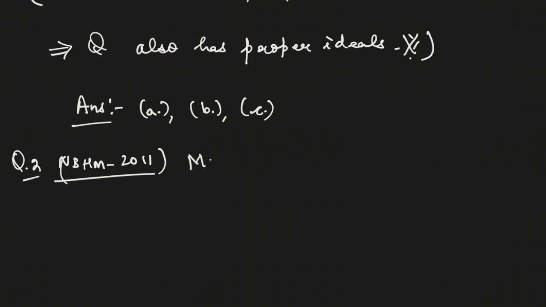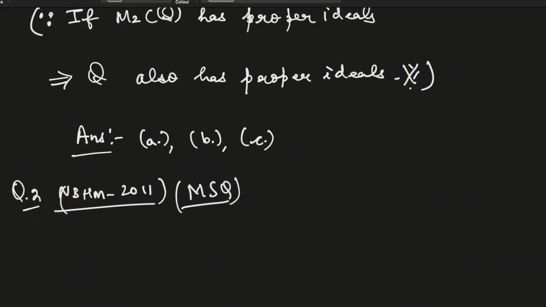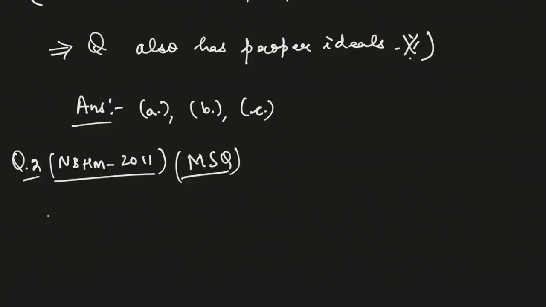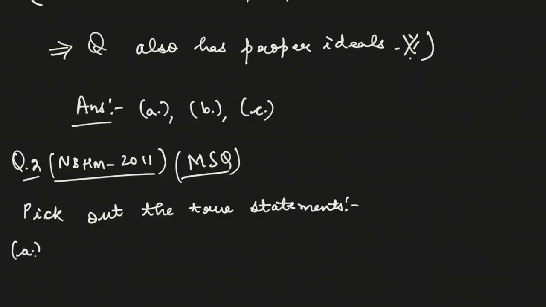Again, MSQ. Pick out the true statements. A part: let R be a commutative ring with unity.